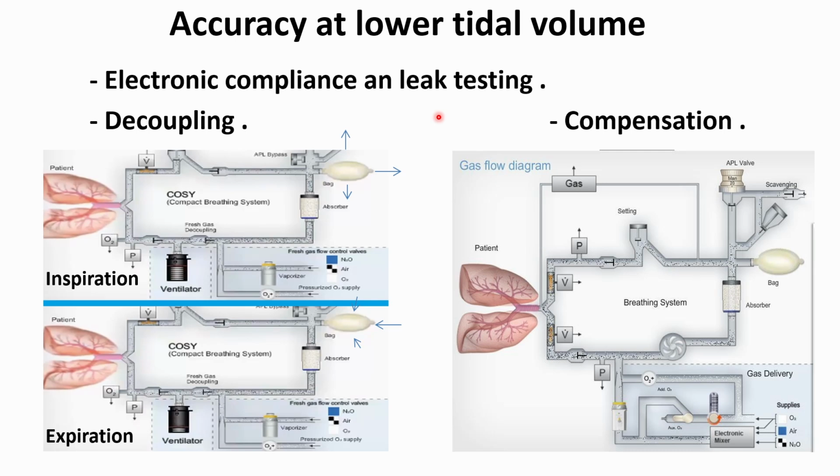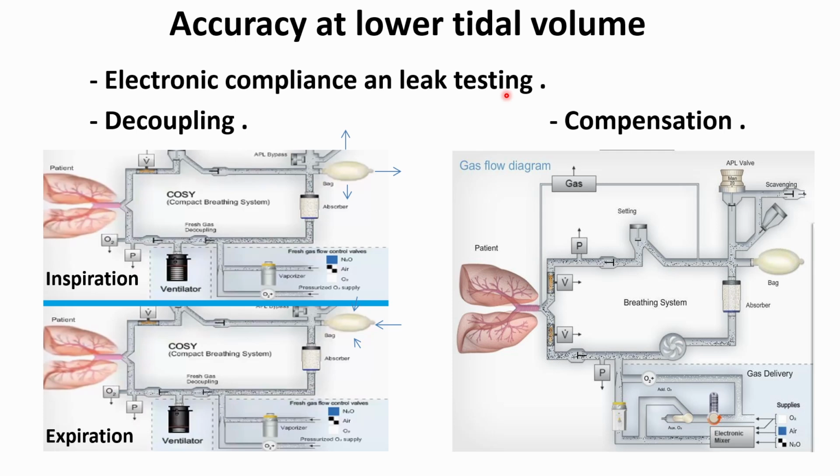To maintain accuracy at lower tidal volume, we use something called electric compliance and leak test, which will be discussed later in the checking the anesthesia machine session.